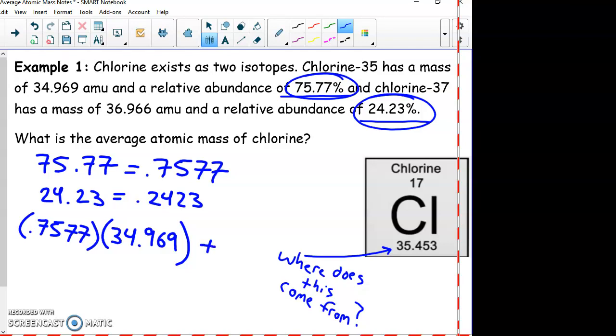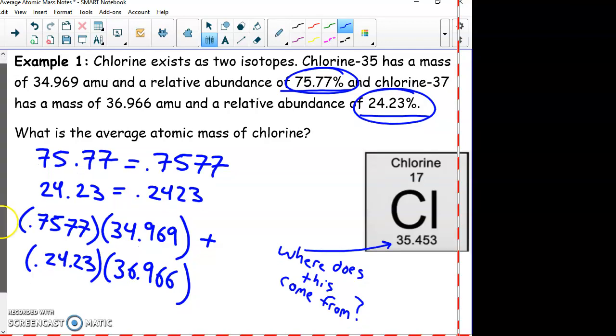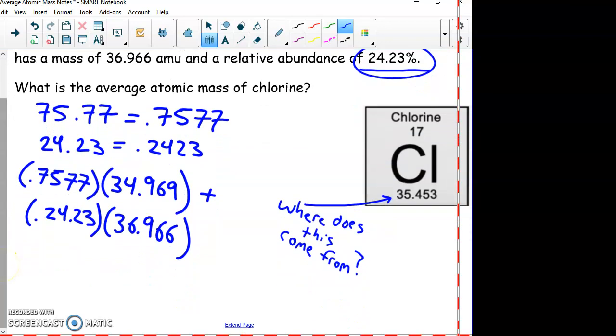We also have the other isotope at 24.23%. And that one has a mass of 36.966. And so this is good. We've accounted for all 100% of the stuff. We've got both isotopes. And now it's a matter of multiplying.